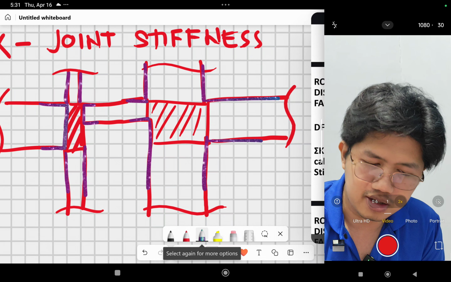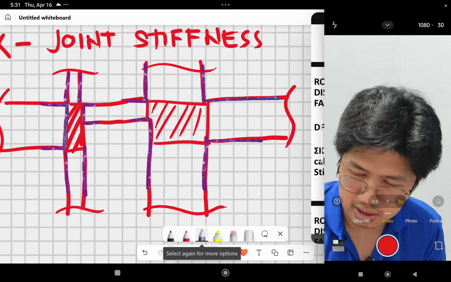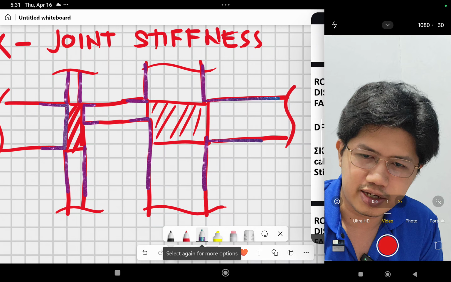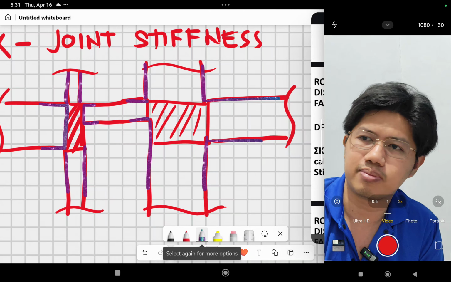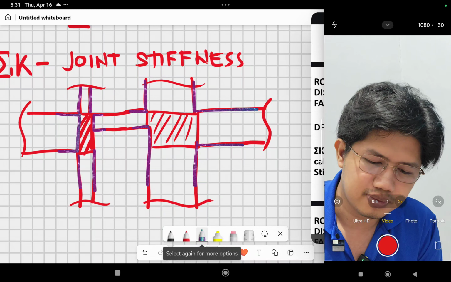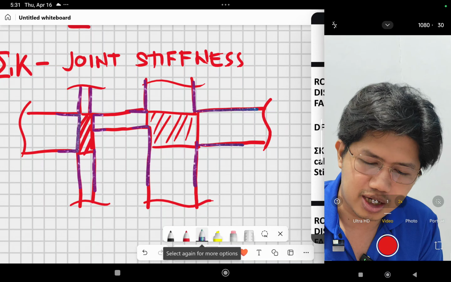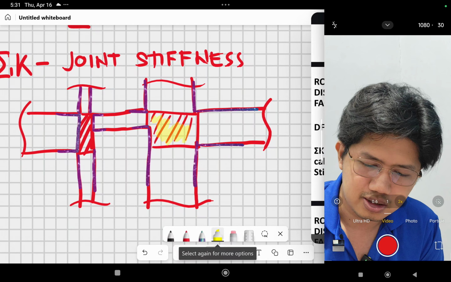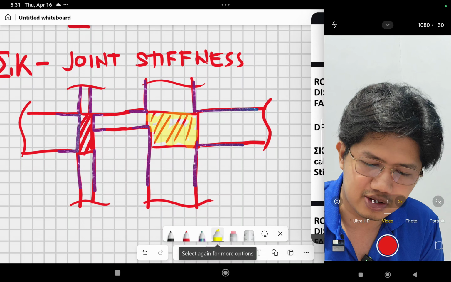So if we compare, sino kaya sa kanila yung mas stiff na joint? And when you say stiff, yung mahirap i-move or mahirap gumalaw na joint. So based sa drawing na to, I think, sana mag-agree kayo na mas stiff para sa akin to.